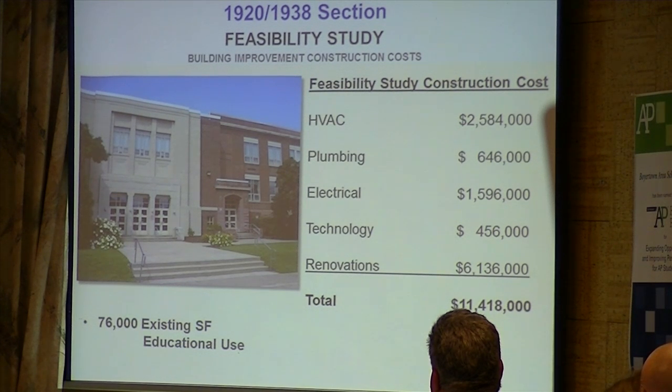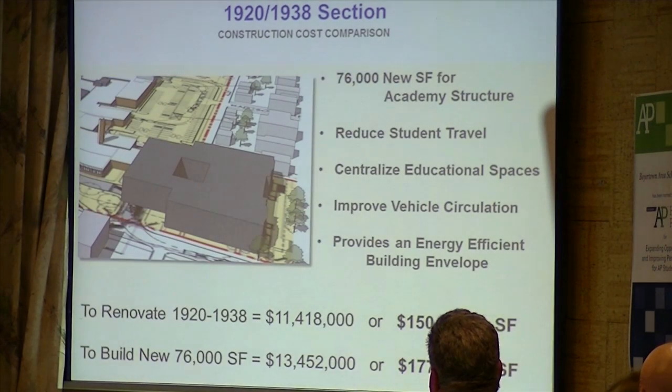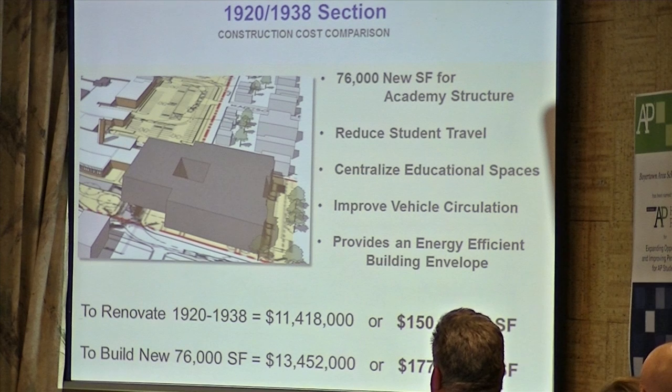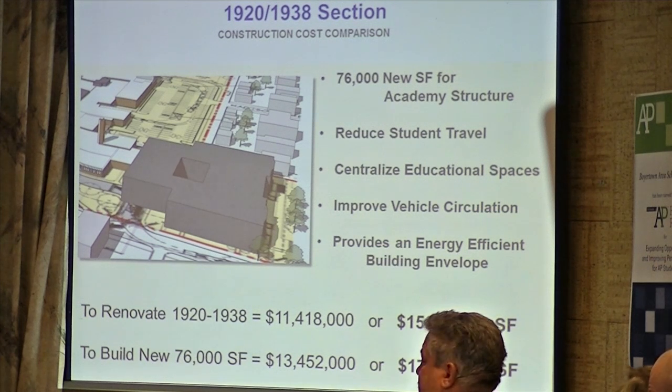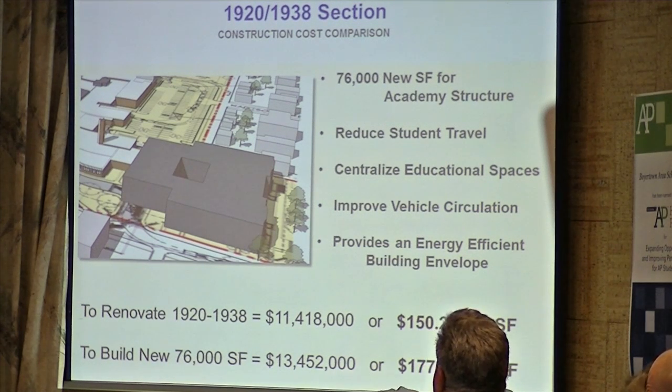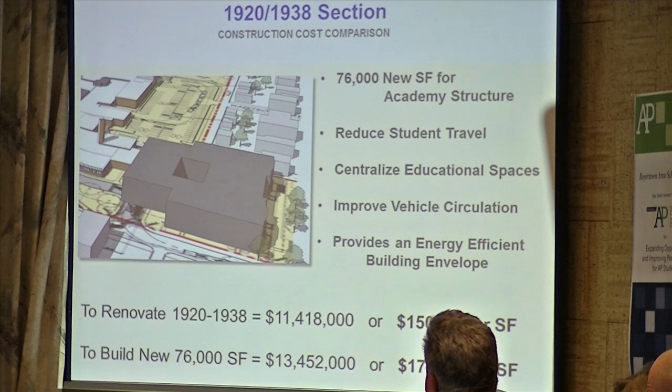So as we evaluated the building, that's pretty clear. The older part of your house takes more work than the newer part of your house to bring up to standards. It's older. So the 1920-38 section, just looking at that to renovate, if you look at that separately, that was about $150 a square foot, and we looked at what it would cost to build new, and the cost to build new is about $177 a square foot.